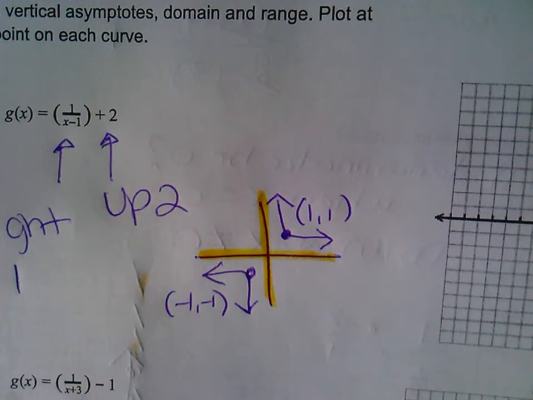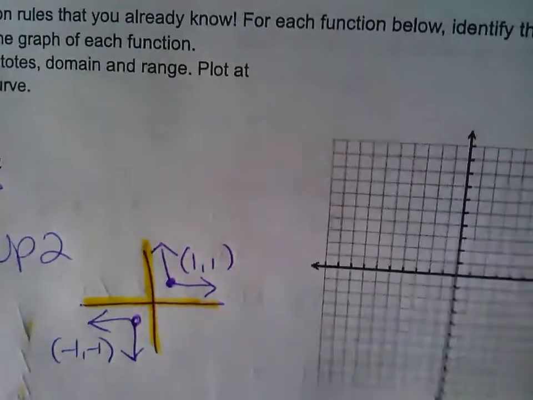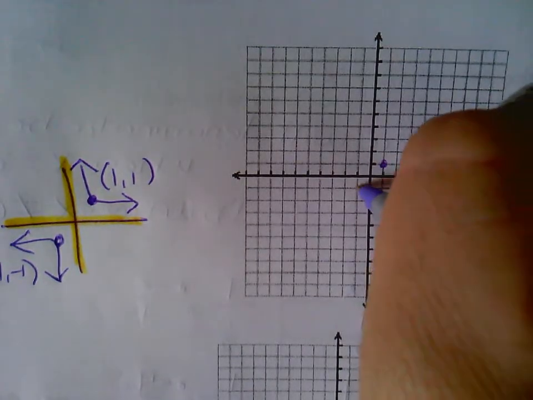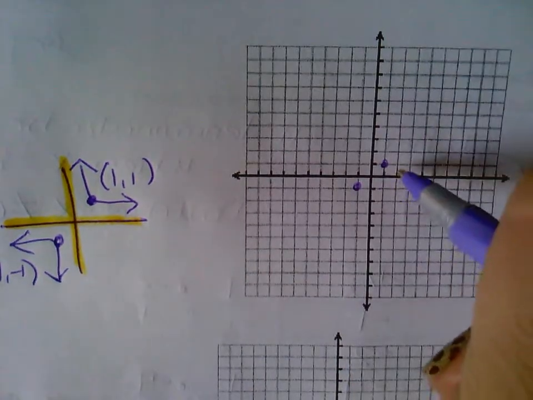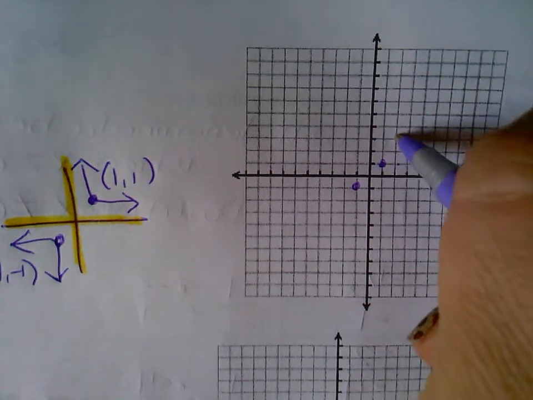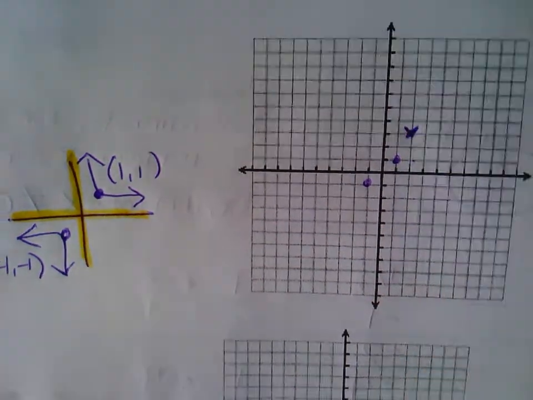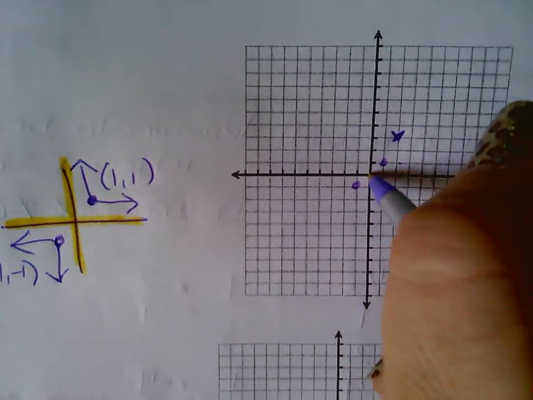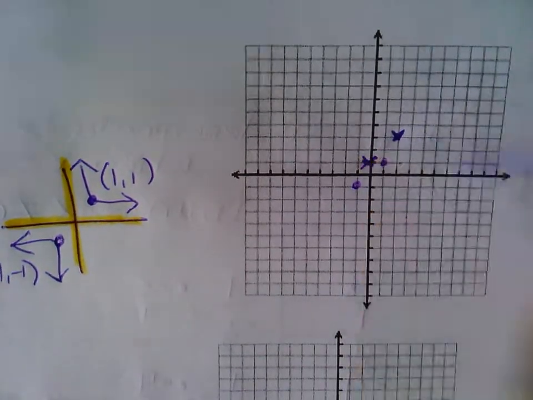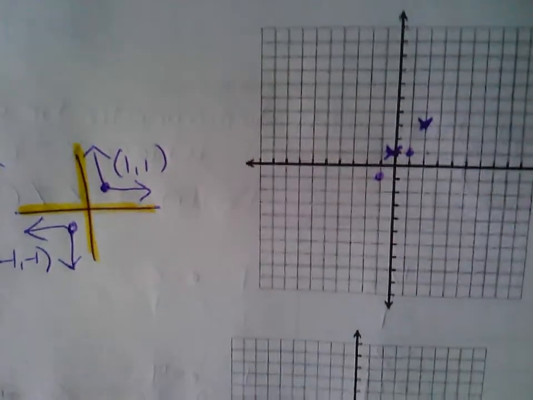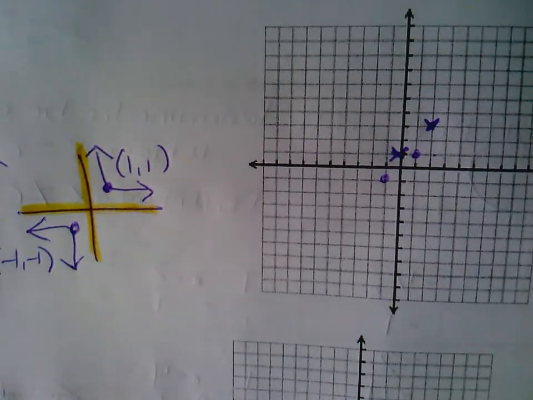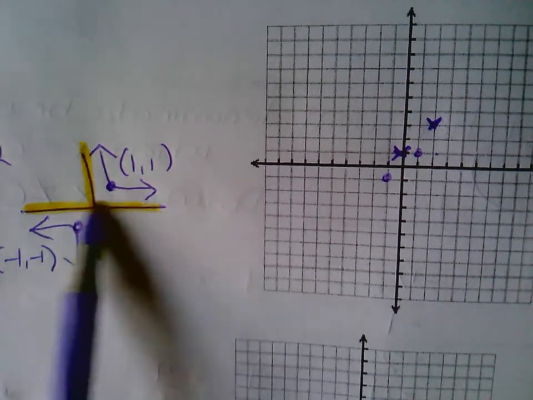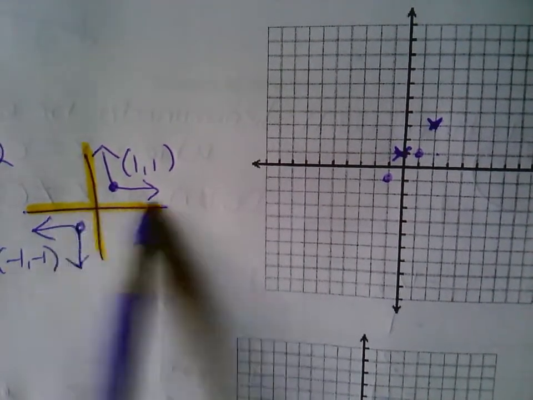and up 2. And if you want to, you could actually just dot in the parent function. Like here are my 2 dots for my elbows. So I could just go right 1 and up 2. Here would be my new point. And I could go right 1 and up 2. Here's my other point. So those little X's are my new transformed points. The horizontal line is going to go up 2.